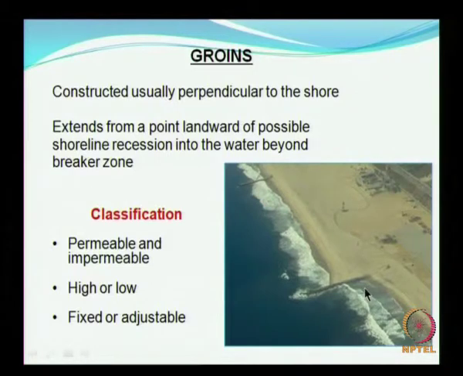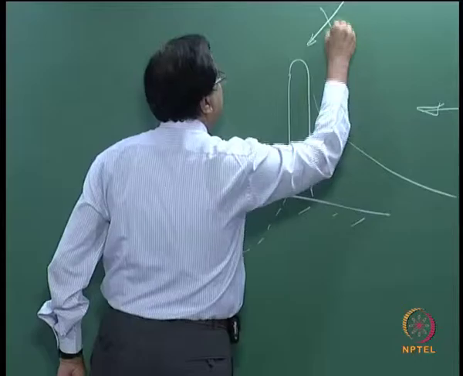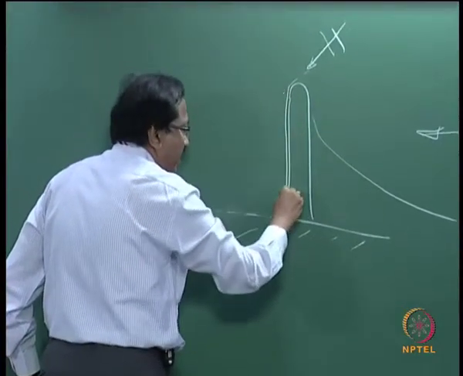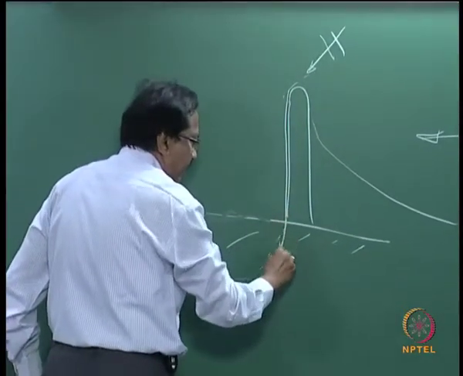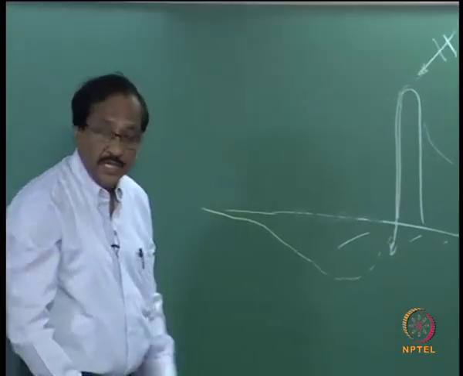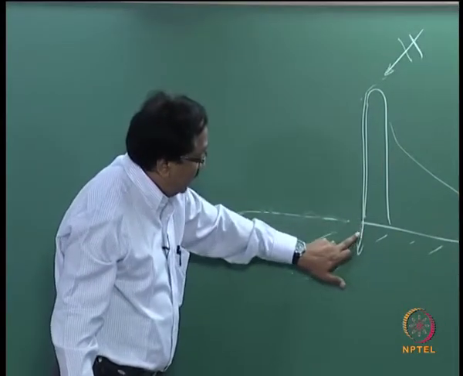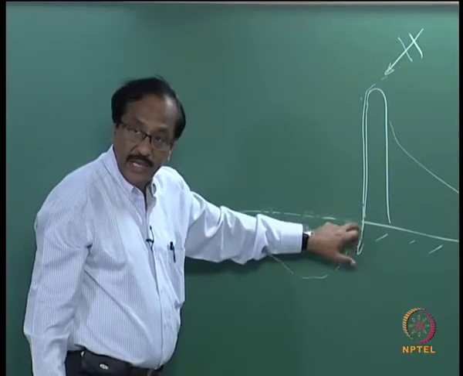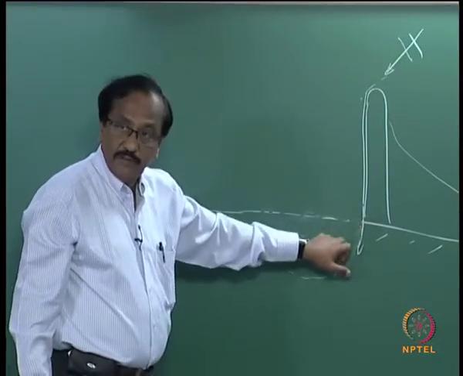So when you have the waves coming in this direction, as I have told you earlier, the phenomenon of diffraction, the waves will penetrate into the shadow area, and then the scour will be more near the toe of the groin.